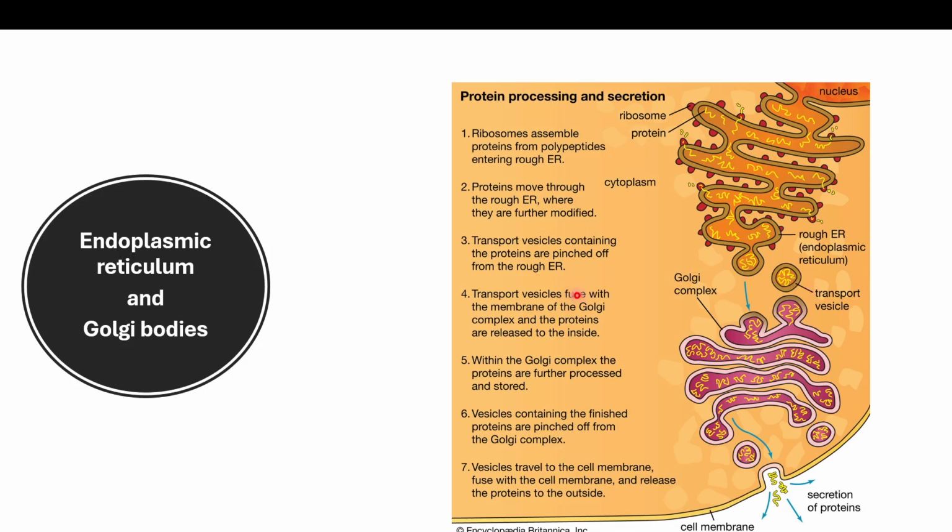Then these transport vesicles eventually fuse with the Golgi apparatus, or the membrane of the Golgi complex, and the proteins are released inside the Golgi complex. Further processing of the proteins takes place inside the Golgi complex. Finally, the vesicles which contain the finished, completely modified proteins are pinched off from the Golgi complex here. And eventually, the vesicles travel to the cell membrane, fuse with the cell membrane, and the proteins inside are released to their target sites.